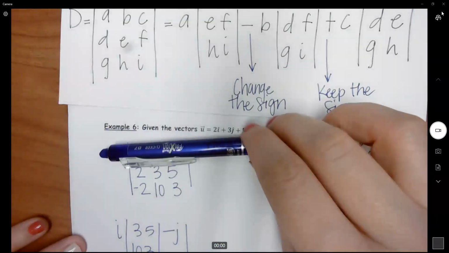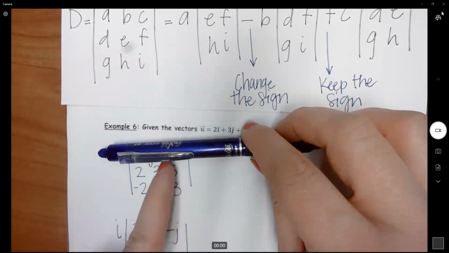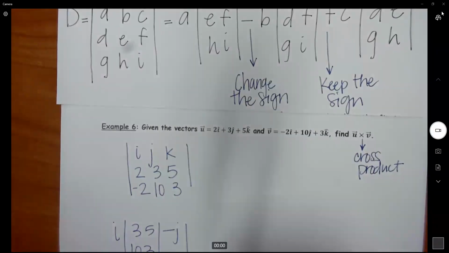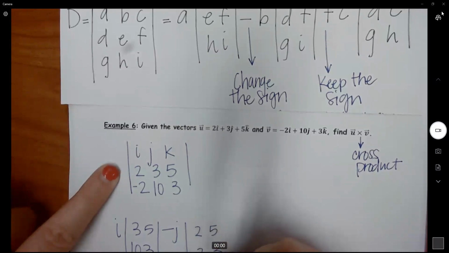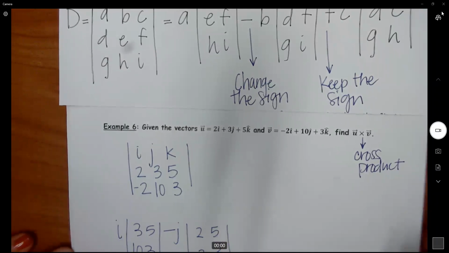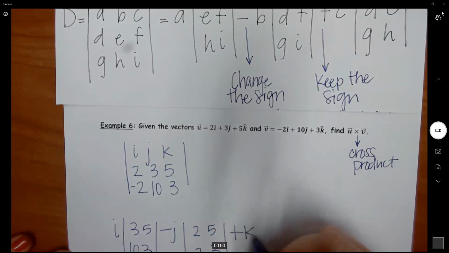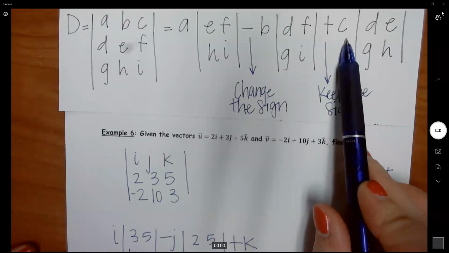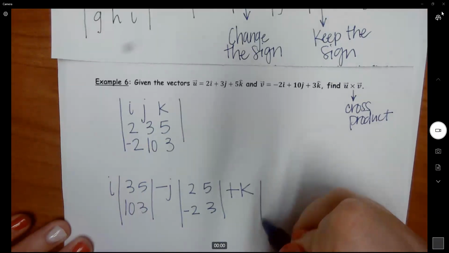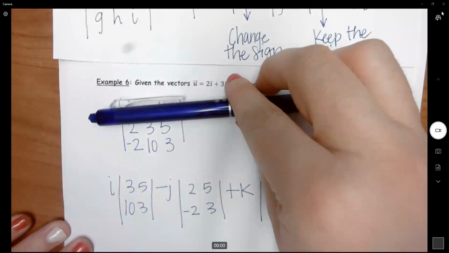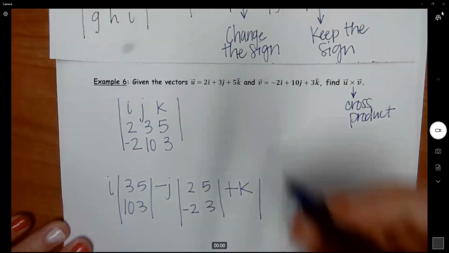When I cancel out this column and this row, I am left with 2, 5, negative 2, 3. And then plus k, because we have a plus c here, which means keep the sign. We have a positive k, it stays positive here. And when I cancel out that column and that row, we're left with 2, 3, negative 2, and 10.